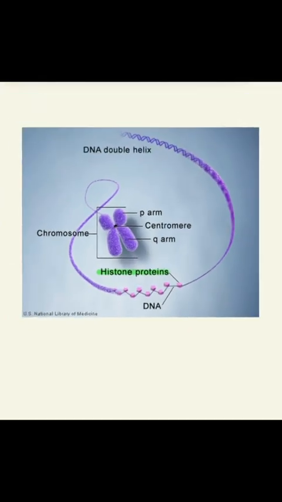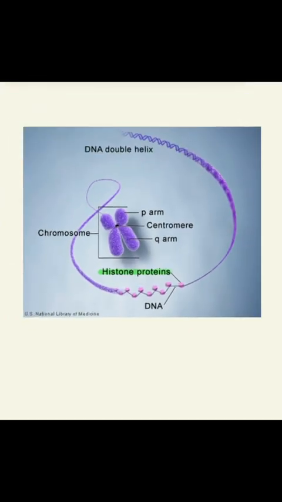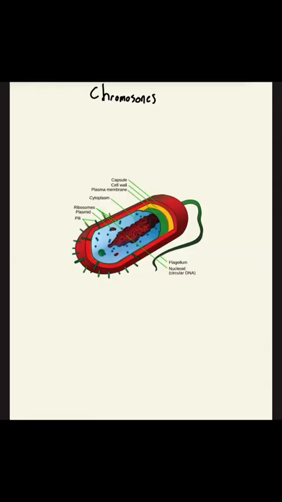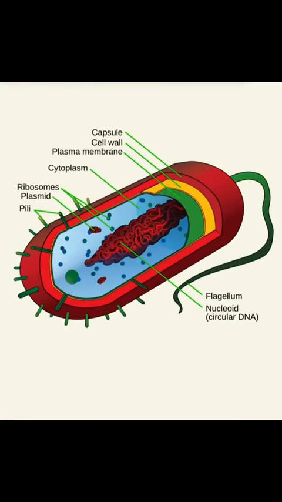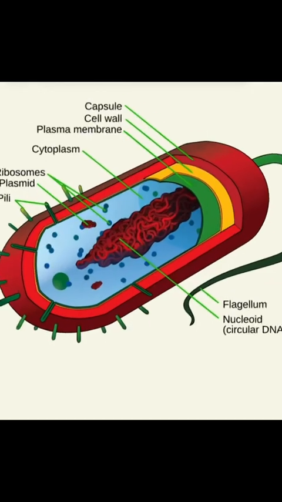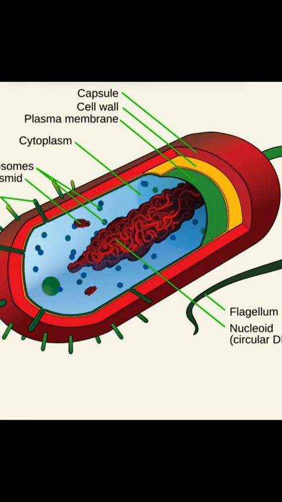Now I'll have a look at prokaryotic cells. They're a little bit different. Prokaryotic cells have a different chromosome structure. Instead of having those linear chromosomes, they contain a singular circular chromosome, and they don't have a nucleus. So you can see this red squiggly thing.